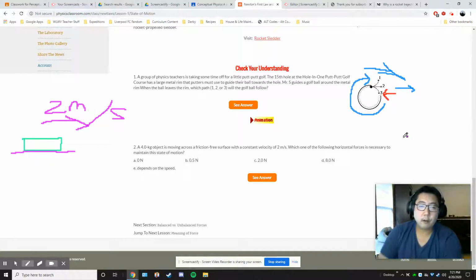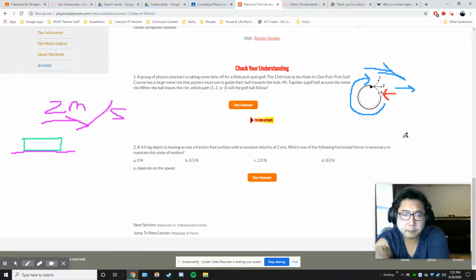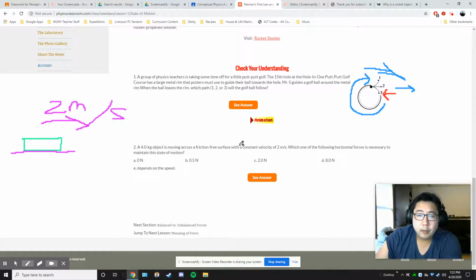So what we need to worry about in a problem like this is we got to identify what's actually really happening in terms of force with this object currently. So the key word I'm going to highlight in this problem is this right here, constant.